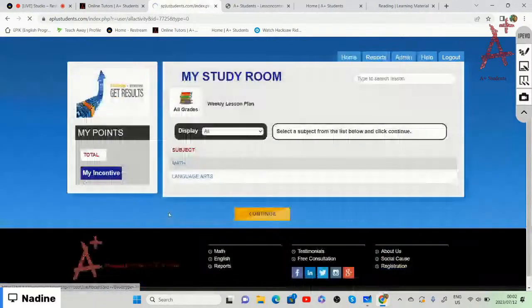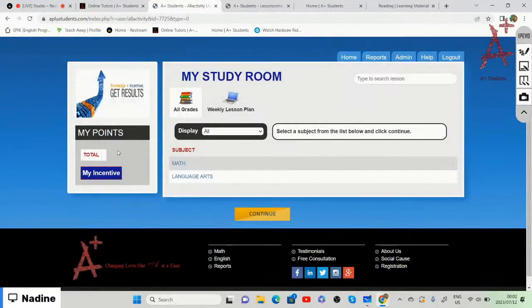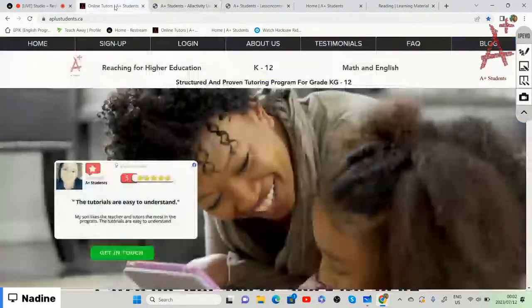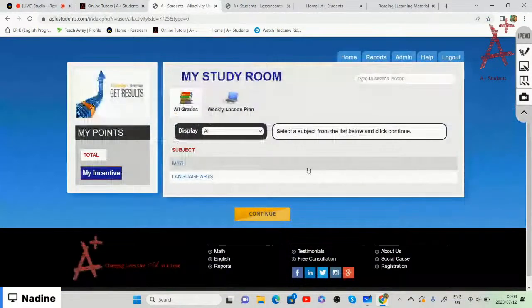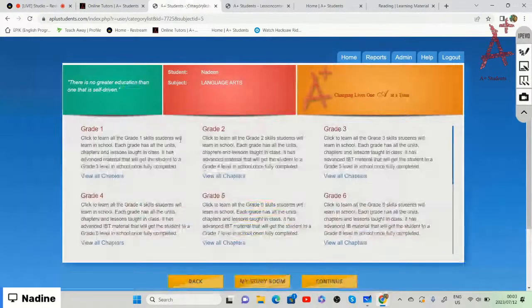Once you've logged in, we're going to choose the subject of language arts. So select language arts and we go to grade 2.